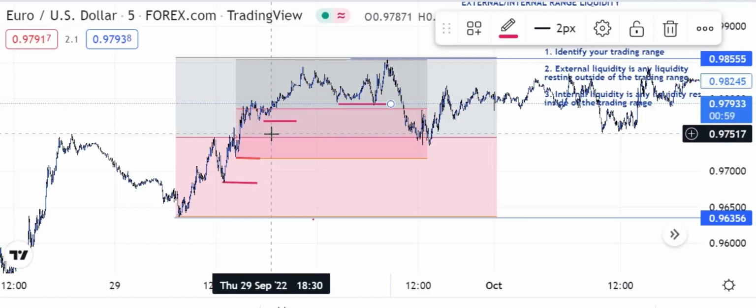I want you to understand that. They will take out internal liquidity. Now, how deep can they retrace before they continue in their intended direction, in this case, in their bullish momentum? How deep will they retrace? Where can you now look for a high probability OB? Because any OB that is sitting on internal liquidity will be taken out, especially if that internal liquidity is outside of your trading zone.